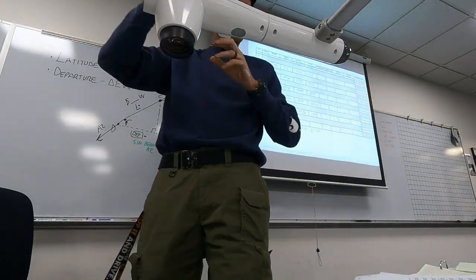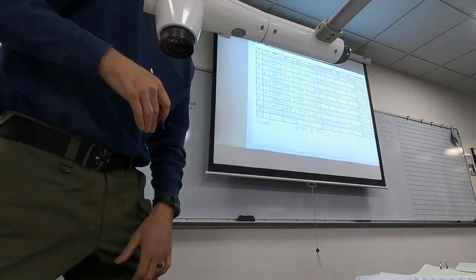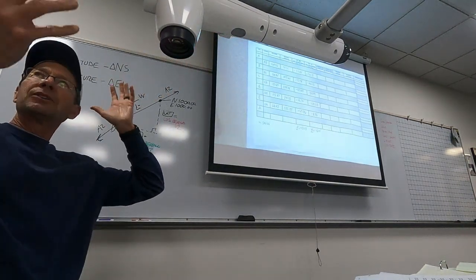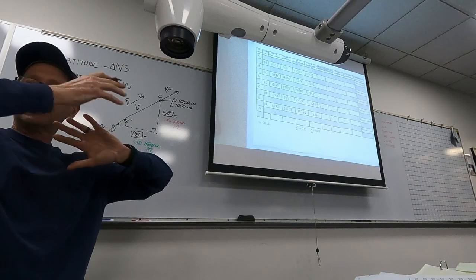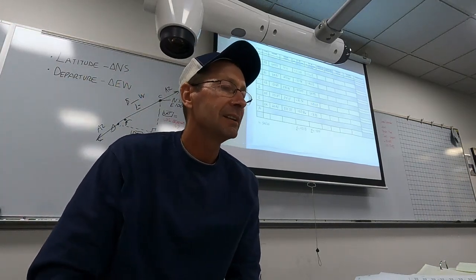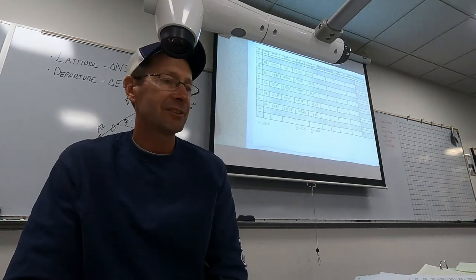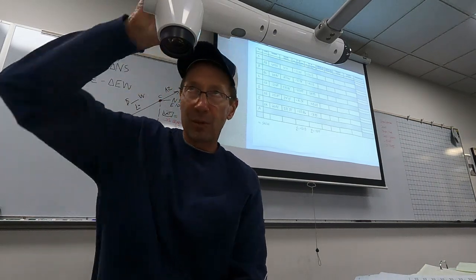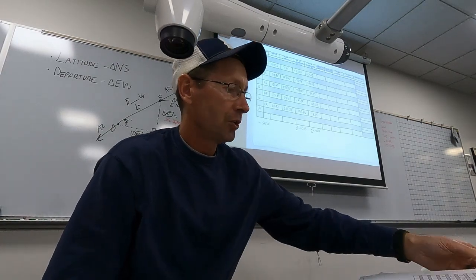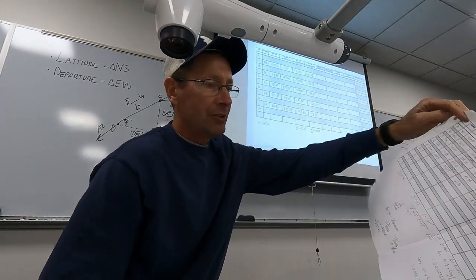If we want, we can adjust. And that's what we're going to learn how to do now: how do we adjust this traverse so that it balances, so that we do get angles and distances that make this a perfect square and a perfect traverse. So there's a couple of factors on your sheets in the book.